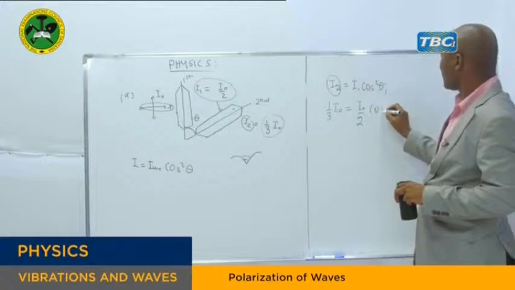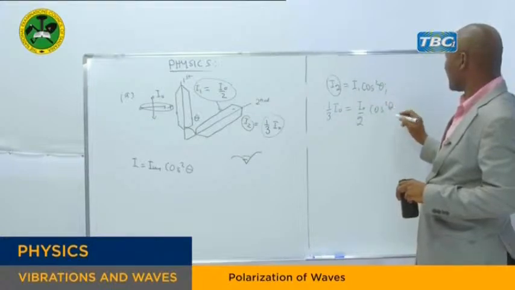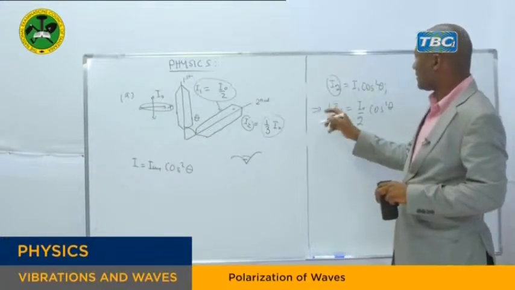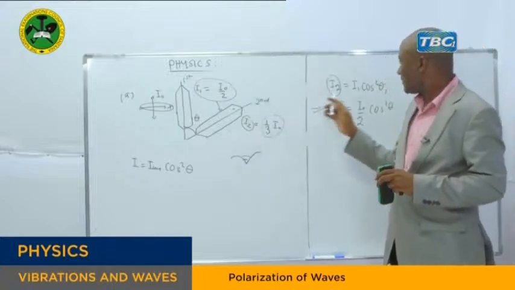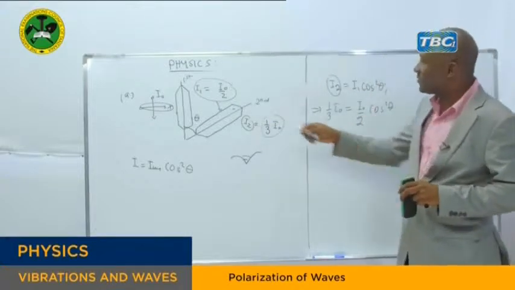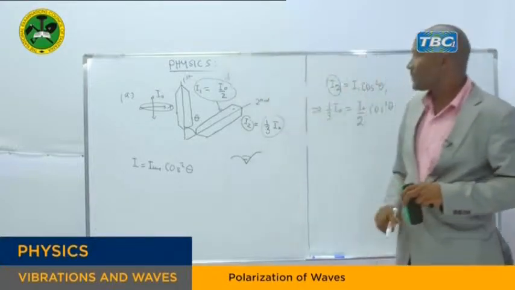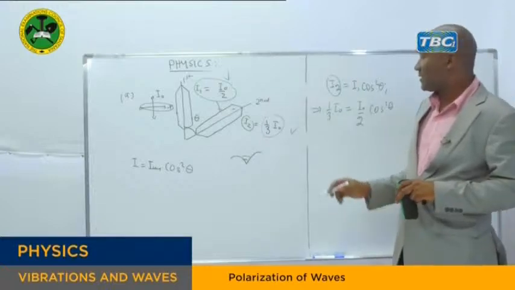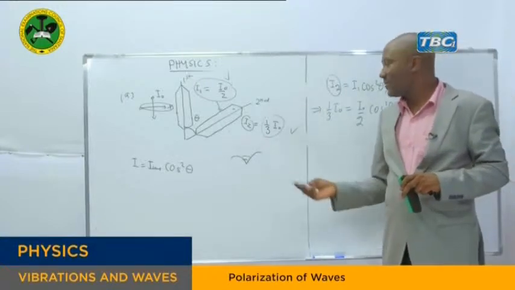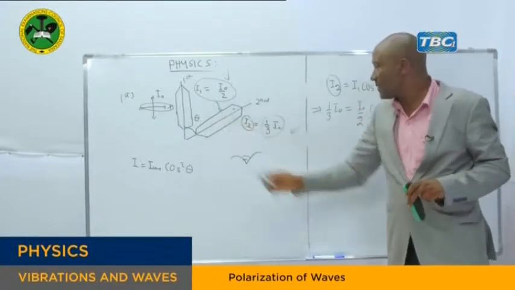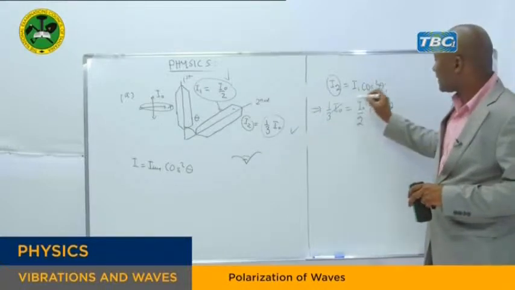The cosine squared of the angle is not given. That's our starting point. To find the angle, you should know that. I2 is given, which is 1/3 of I0. Now, what will be the angle here? So I0 we cancel out.